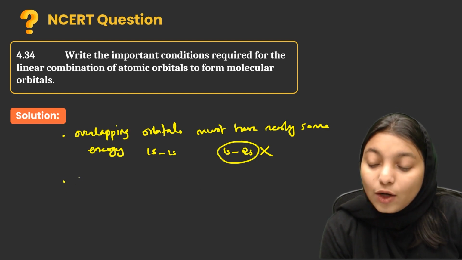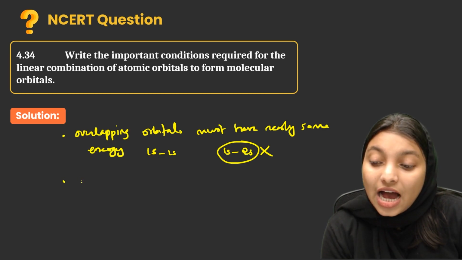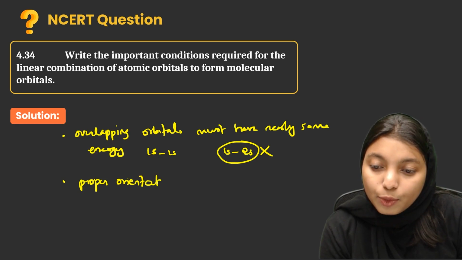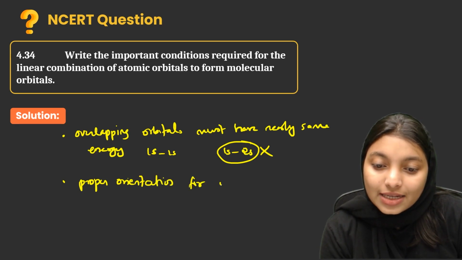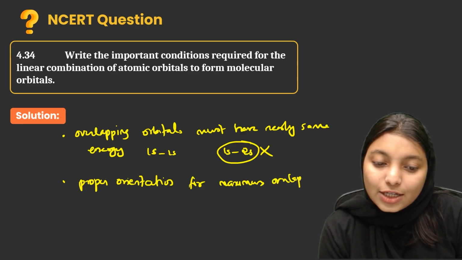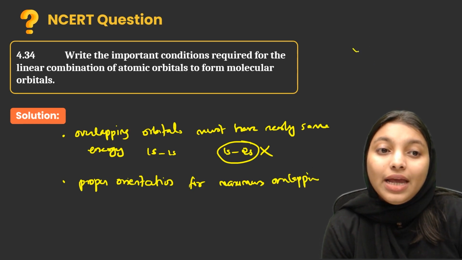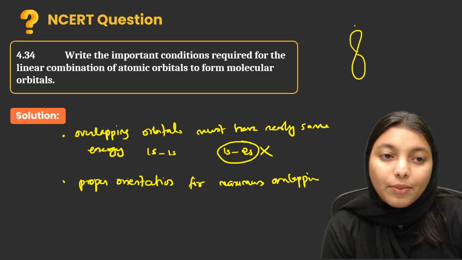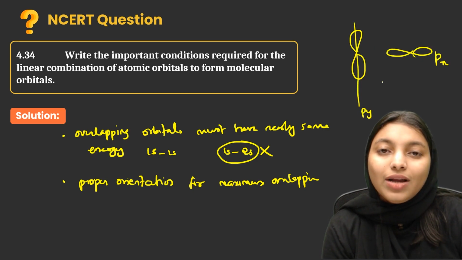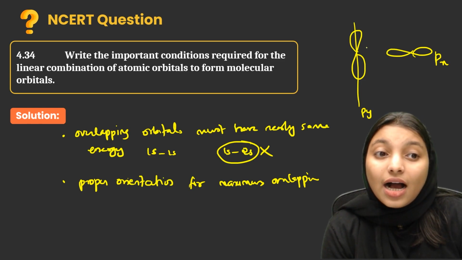Again, overlapping orbitals must have proper orientation. What does it have? Proper orientations for maximum overlapping. As you know, if I am taking Px and Py, I am taking this as Py and this as Px. What will happen? They can't overlap.